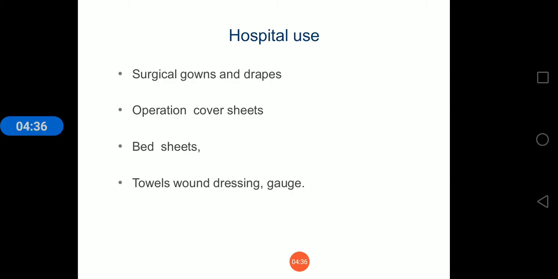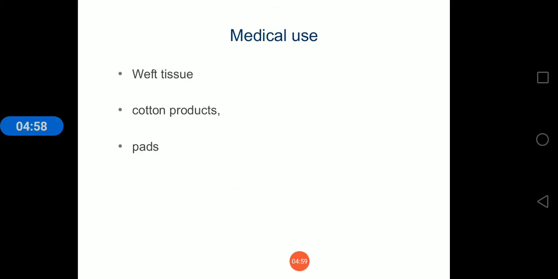Hospital use: surgical gowns and drapes, operation cover sheets, bed sheets, towels, wound dressings and gauzes, and medical uses: operation theater bandages and dressings, sutures for operations, masks.